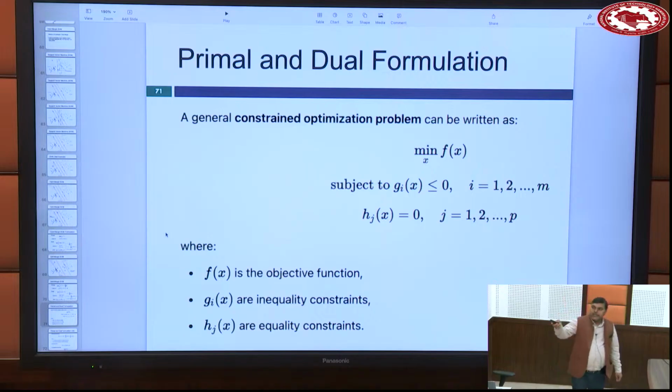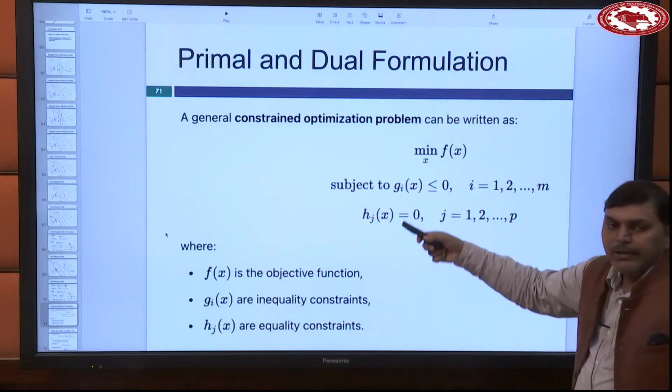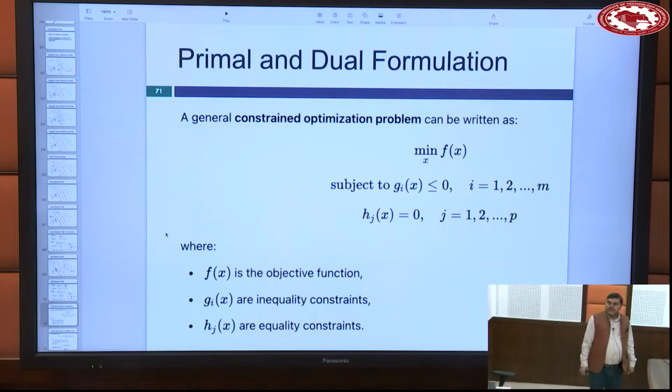Then what do you do? Just take all these. You multiply with the Lagrangian multiplier, lambda_i into g_i(x), and sum over all the constraints. Then of course, mu_j into h_j(x), you take it up and minimize the complete one. That is the dual formulation, and these lambda_i's are greater than or equal to zero.